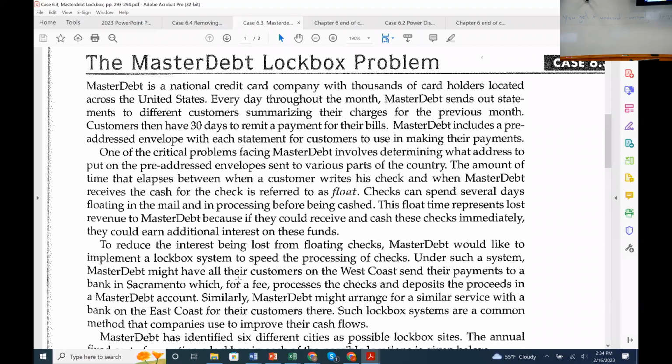We want to minimize float, that lost opportunity cost of capital, the lost interest, if you will, on that money. Although because they're a company, it's not interest, it's the opportunity cost of capital. And then the other side is the lockboxes cost money. So if lockboxes were free, then we'd use 6,000 lockboxes at every single street corner. And if lockboxes cost $1 billion a second, we wouldn't use many of them, but we're balancing those two kinds of costs. That's the nature of the problem.